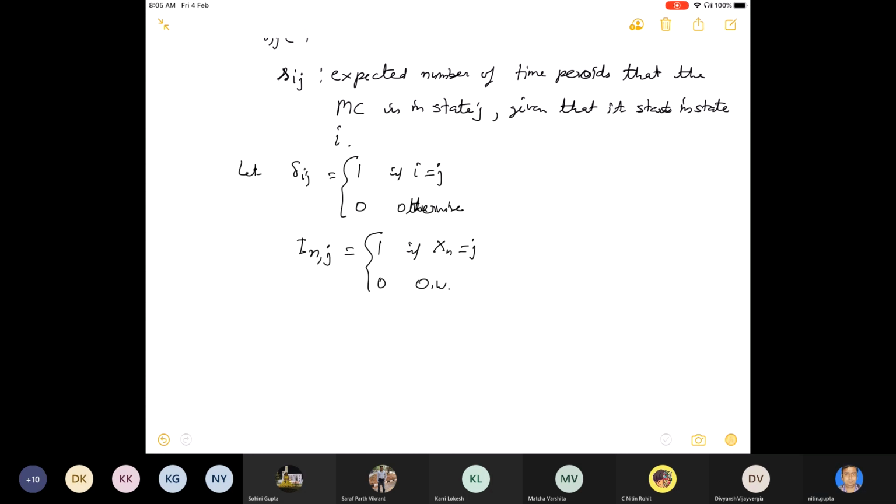Now Sij is the expected number of time periods the Markov chain is in state j, given that we start in state i.